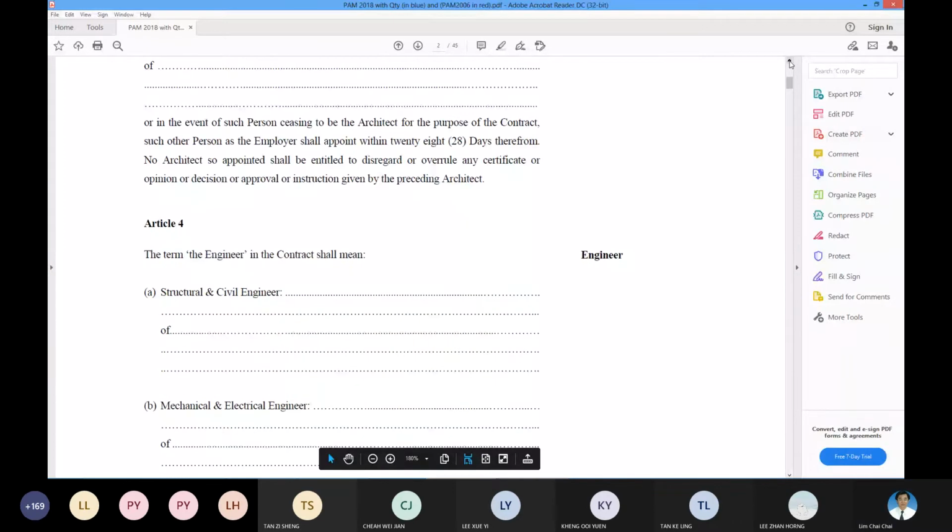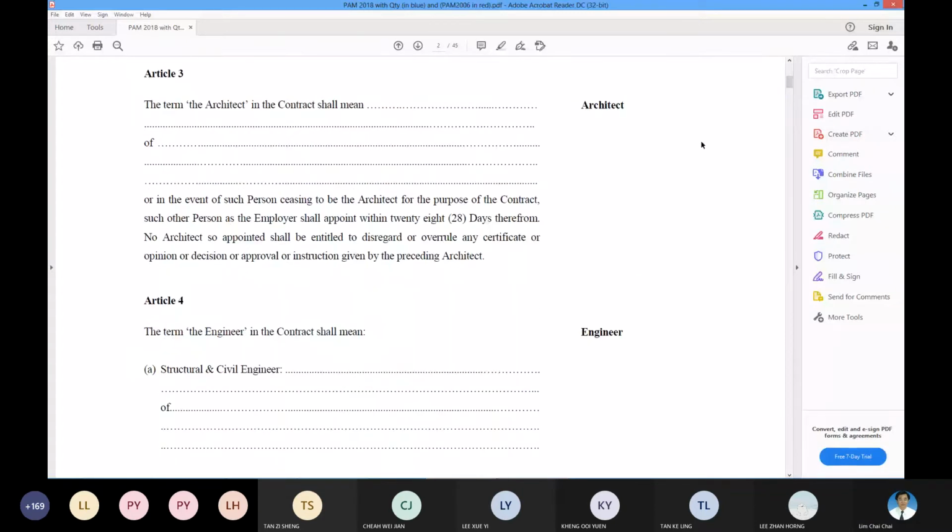Please reply. So can you see the screen share now? So you can see here. Okay, thanks. I can. Okay, good.